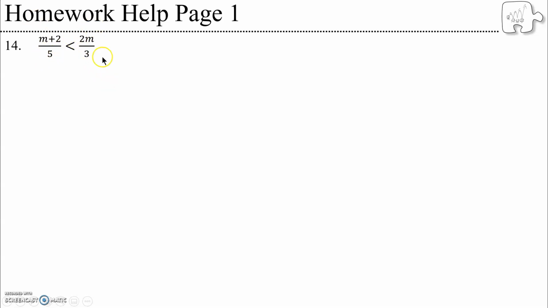If both of them are negative, then you really don't have to. Because what we're doing here is multiplying both sides by positive 5, and multiplying both sides by positive 3. It's like we cross multiply. We're multiplying this stuff by 3, and this thing by 5.